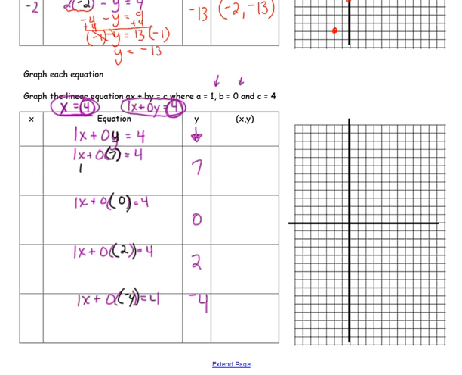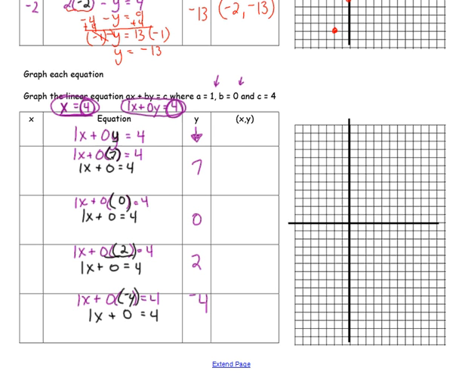So we have 1x plus 0 times 7 is 0 equals 4. 1x plus 0 equals 4 for each of them.